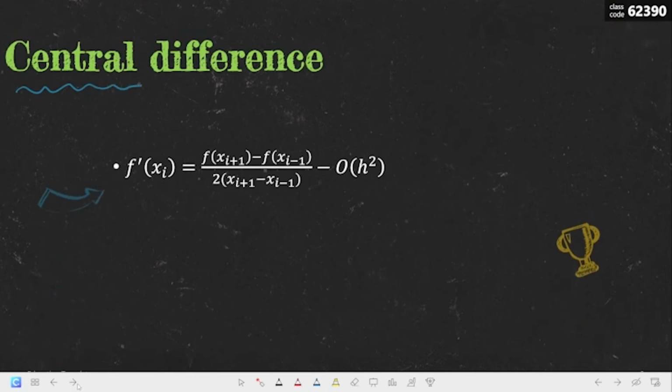So the central difference is f prime of x_i equals the next value of our function minus the previous value of our function, divided by 2 times the step, minus our error, and our error is a function of h squared. As you can see, the error in our central difference is smaller compared to the forward and backward difference.